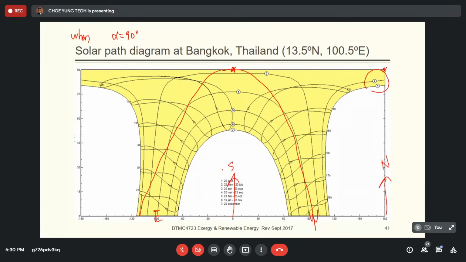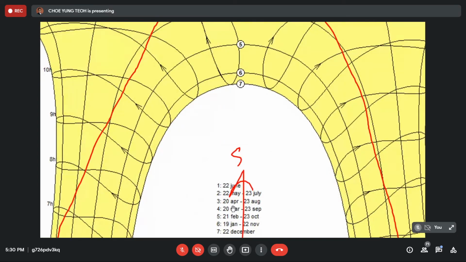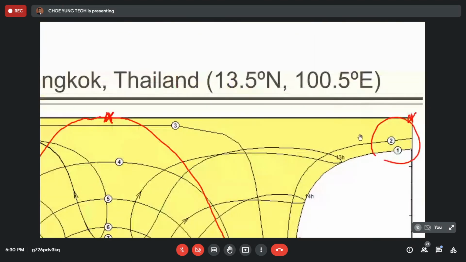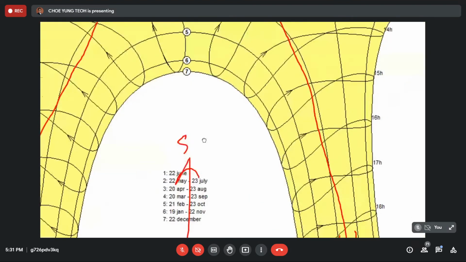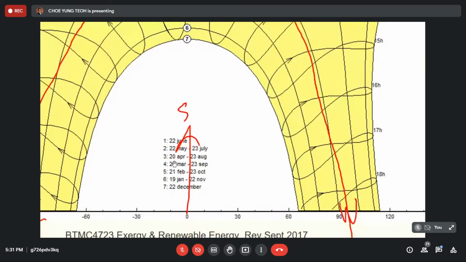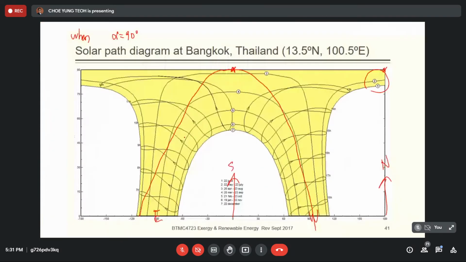So line 2 and line 3, between 20 April and 22nd of May. If I look from here, it should be closer to 3. Line 2 is quite far, and line 3 is closer to 90 degrees. So since it is closer to line 3, can I say that it should be the end of April?